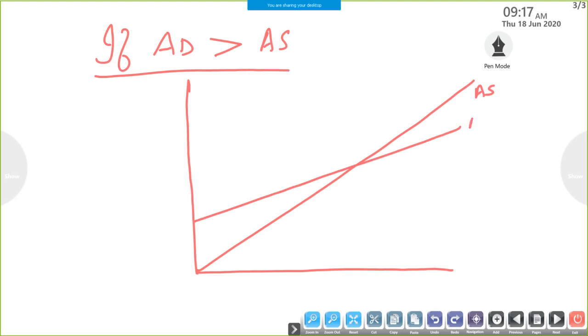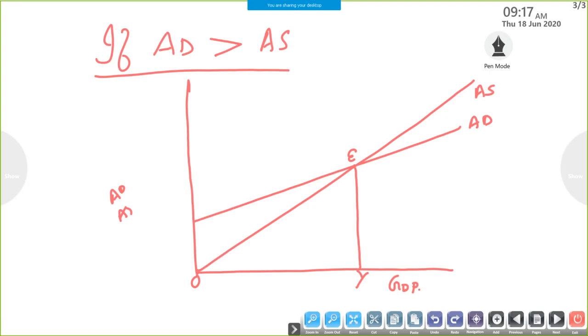This is our AD curve. Here the economy is in equilibrium. Okay, at OY level of income, the economy is in equilibrium. It should be completed. You should write AD and AS, and here GDP.